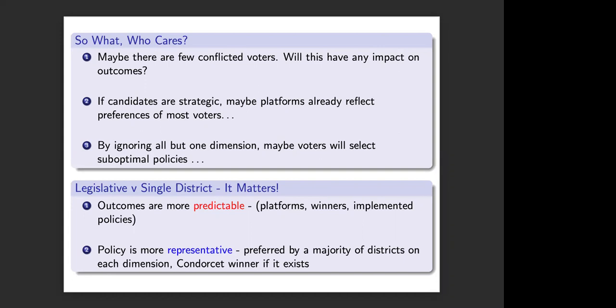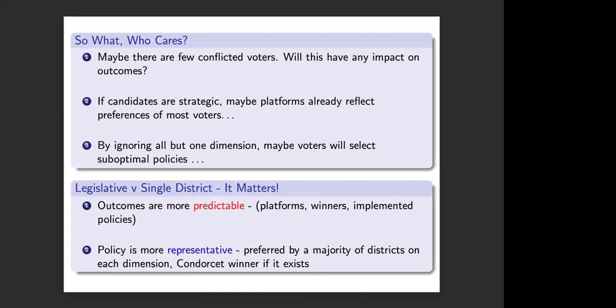And just to give you a sense of why policy is more representative in legislative rather than single district, if you go back to the idea of Trump versus Biden, right? Trump knows that I care more about the economy than social dimensions.